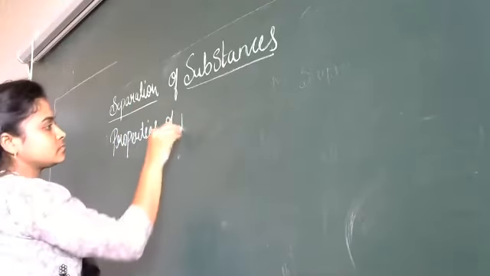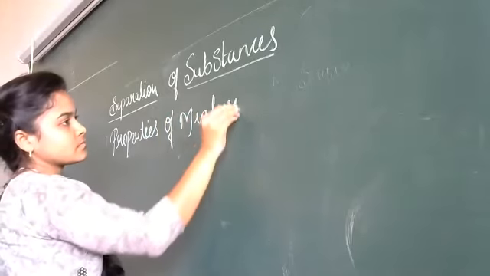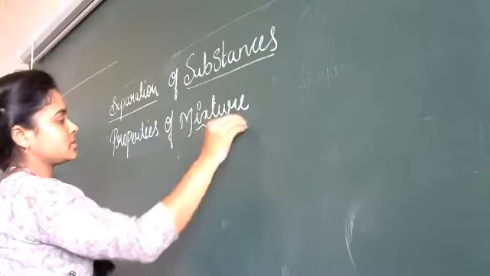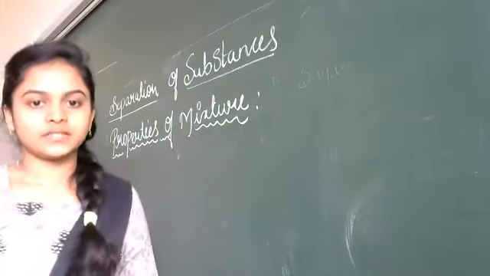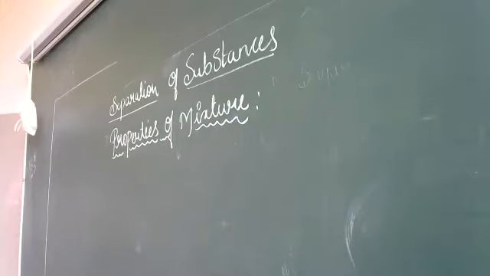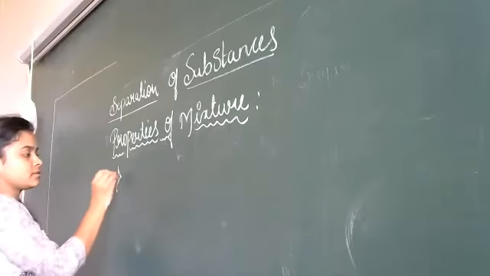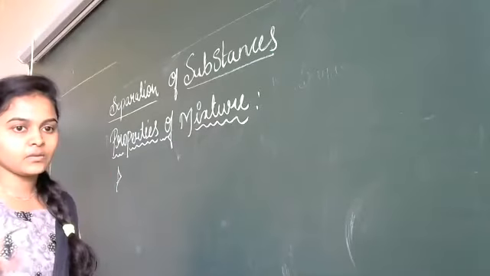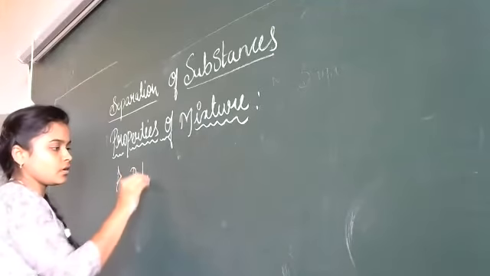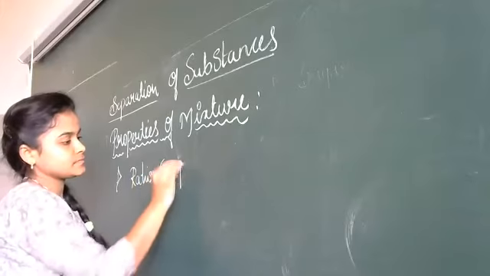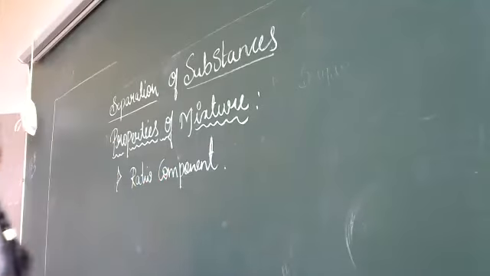Now we will go for the next concept, that is properties of mixture. So what are the properties of mixture? First listen to me and explain, then you can answer me, okay? So first property is ratio of components. So what does it mean? Here generally the composition of mixture is not fixed.